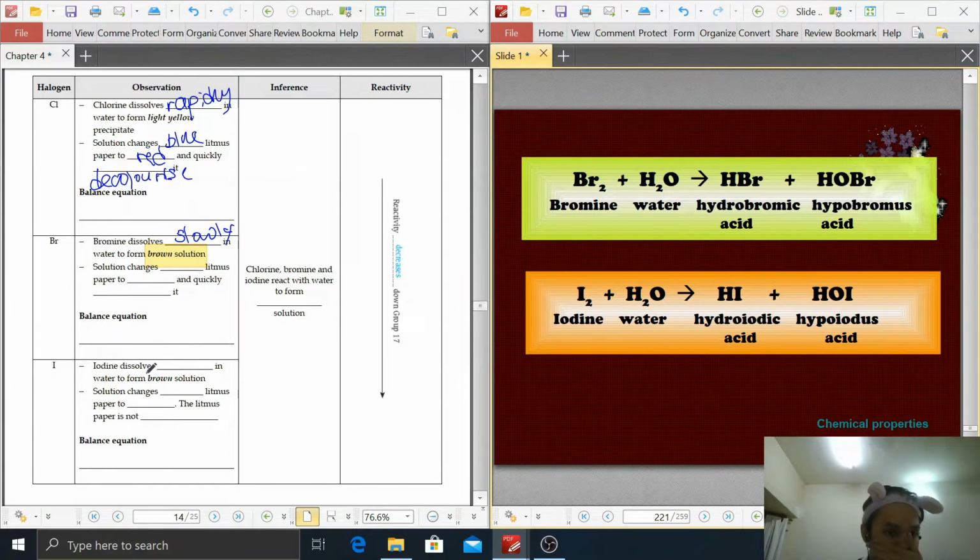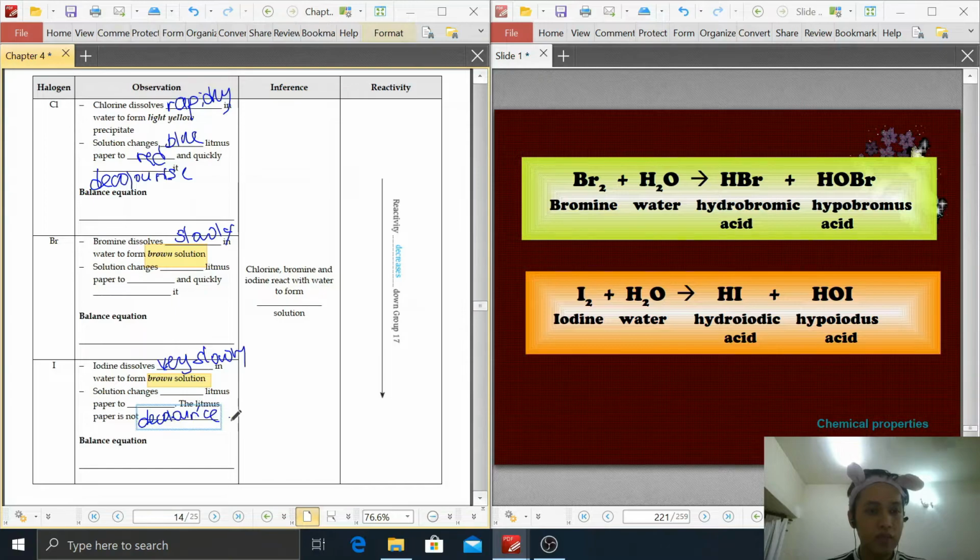For iodine, you're going to dissolve very slowly because it is less reactive, and you're going to form a brown solution also. It's important that both get a brown solution, just that bromine will react faster and iodine slower. Because iodine is less reactive, the litmus paper is not decolorized.